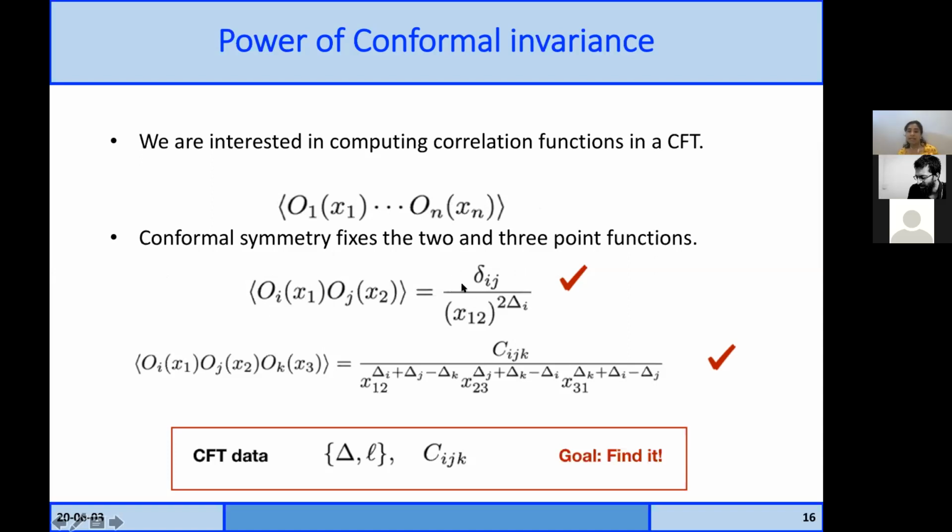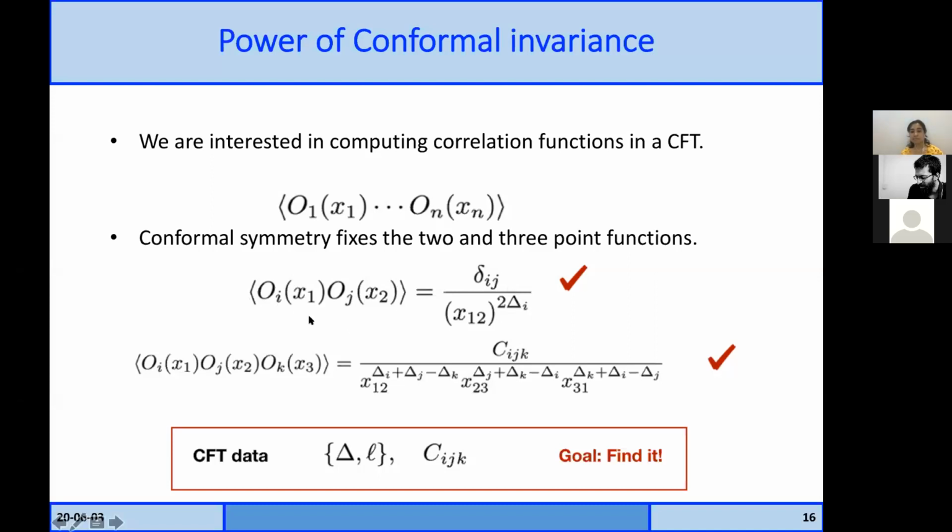This you can see, just first you assume that there is translational invariance, which implies that it depends only on the difference between x1 and x2, and then you apply rotational invariance, which says that it has to depend only on the magnitude, and then you impose scale invariance, and on top of that, if you impose special conformal invariance, then only you get this. So that's why special conformal invariance is very important.